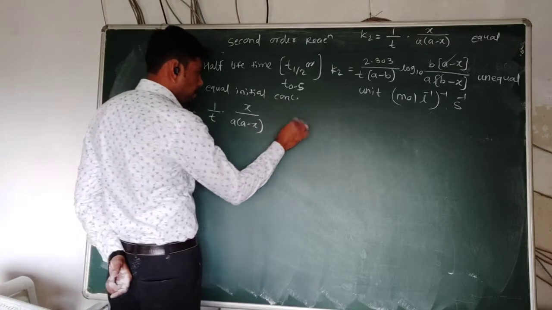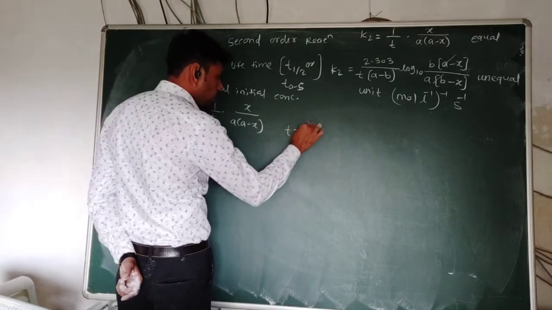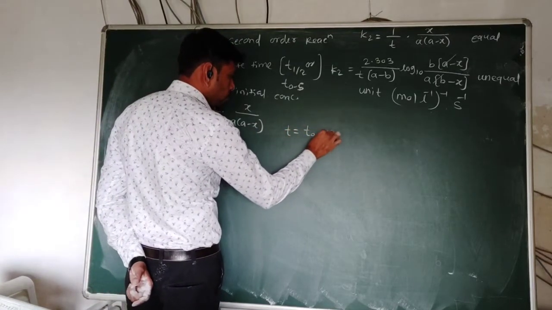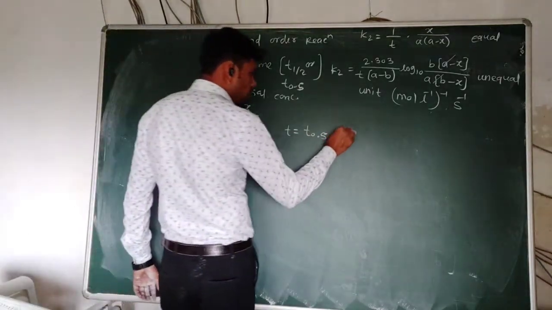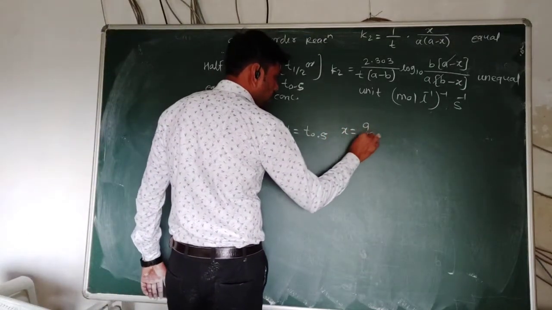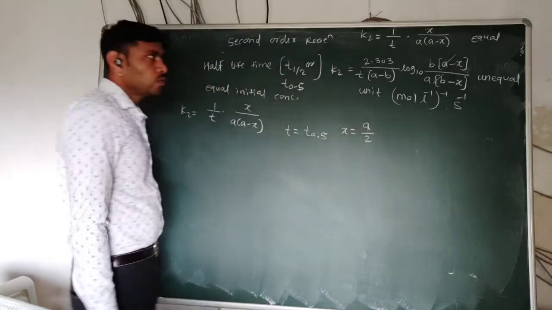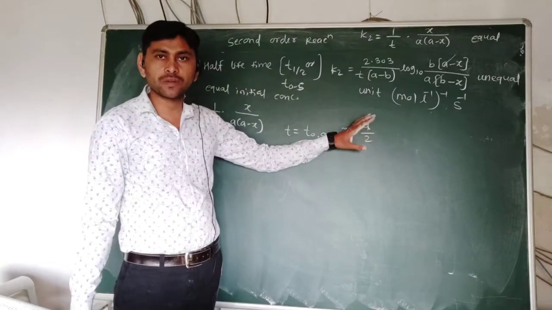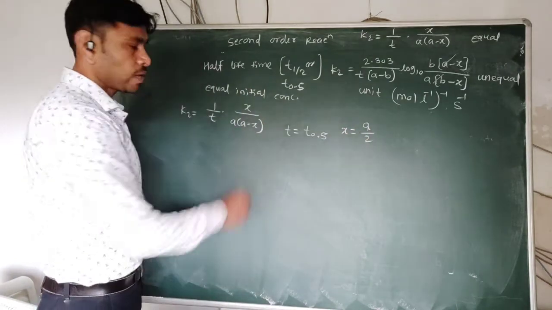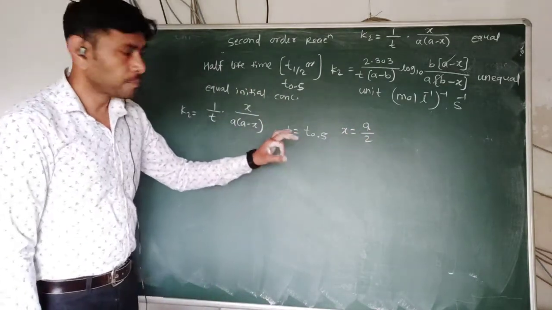Now when t is equal to T.5, or half life period, then x is equal to a by 2. x equal to a by 2 means the initial concentration of reactant is exactly half.